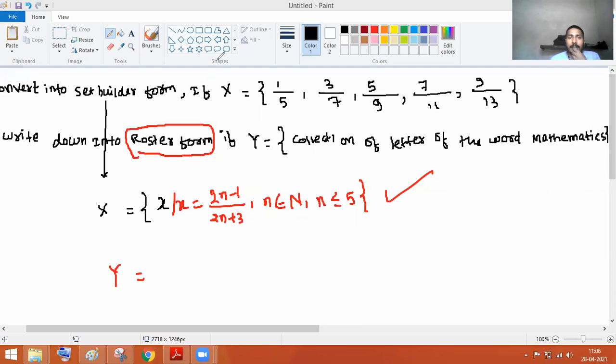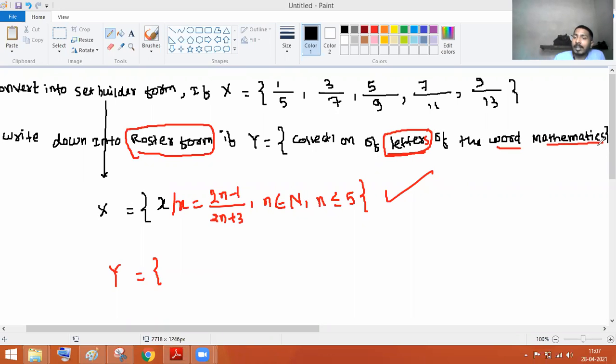Yes, Athar, you want to tell me something? Sir, the answer is y equal to curly brackets m, a, t, h, e, m, a, t, i, c, s. Your answer is right. Now, what is the collection? It is the collection of the letters of the word mathematics.